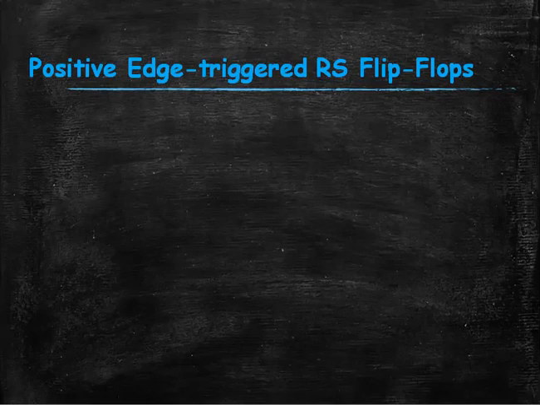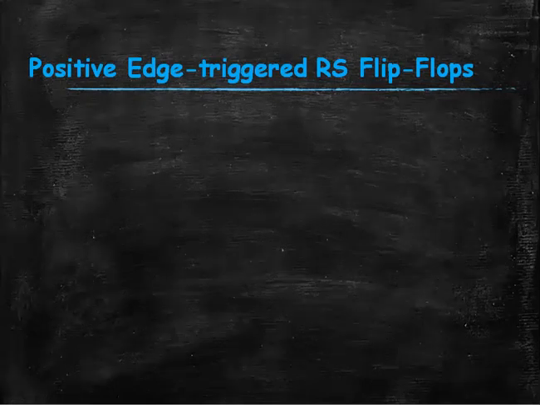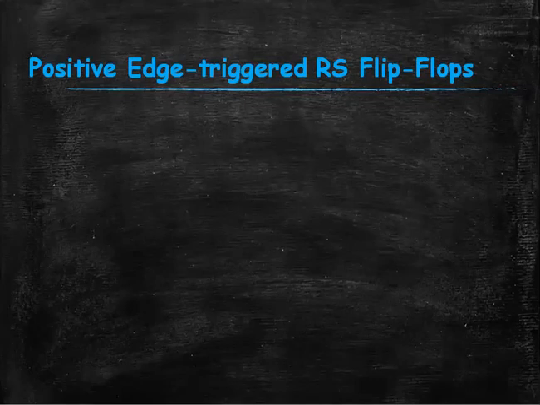So edge triggered is classified into two. First one is positive edge triggered and the second one is negative edge triggered. And now we consider the positive edge triggered. That means the changes occur when the transition of the clock pulse is from low to high.